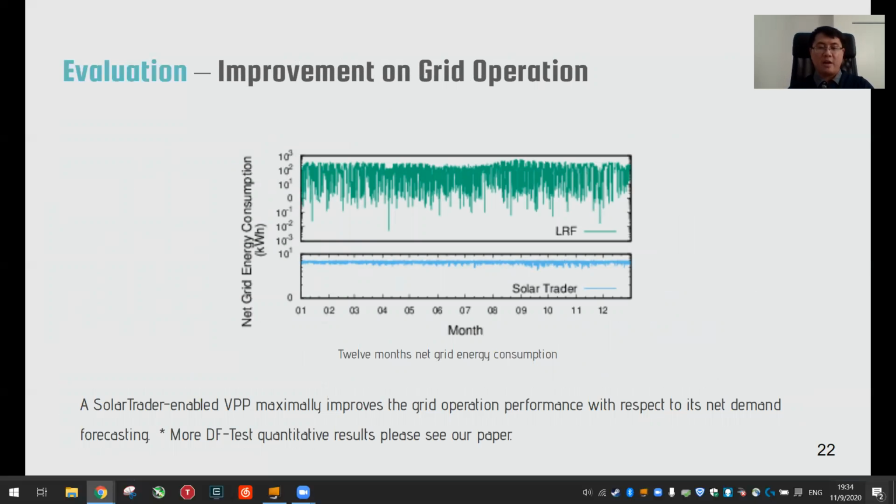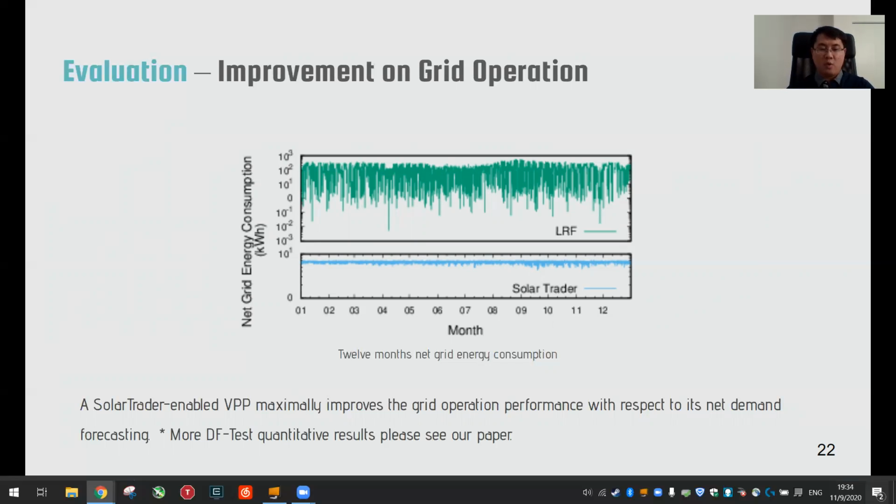Eventually, SolarTrader can also improve the grid operation performance, in particular for net grid forecasting. As we can see from the graph, the y-axis is the net energy drawn from the grid. The x-axis is the months. The top part is the largest remaining first sharing, which is the most efficient current work.